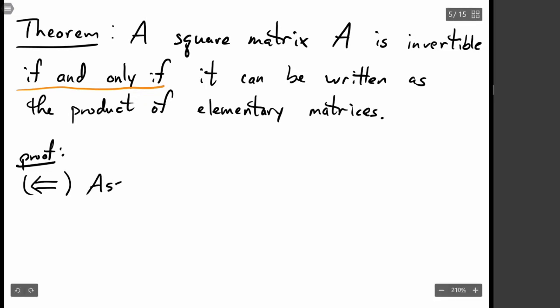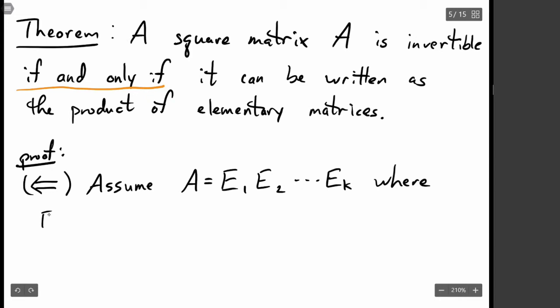So what we're going to do here is assume A is written as E1, E2, ..., EK, where the Ei are elementary matrices.